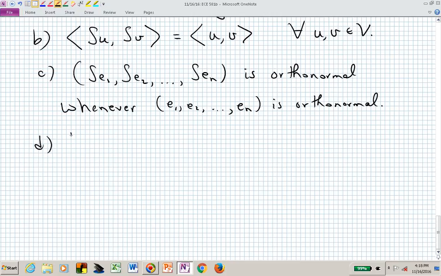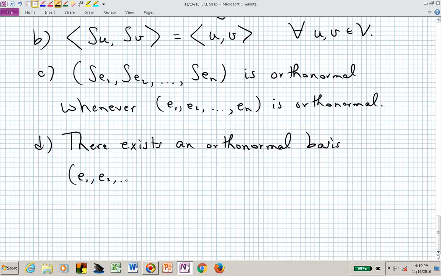Statement D: there exists an orthonormal basis E1, E2 up to E sub n such that SE1, SE2, through SE sub n is also orthonormal.